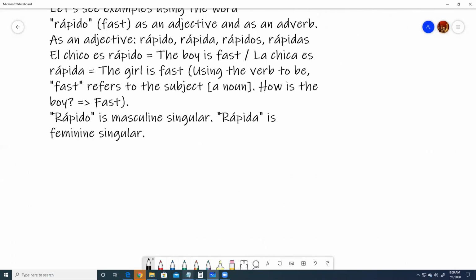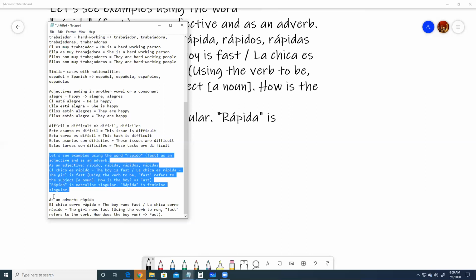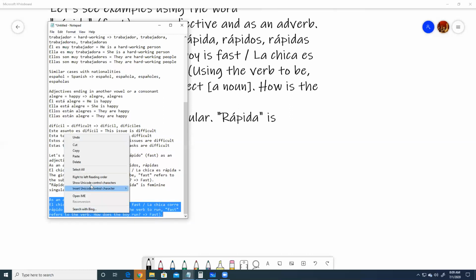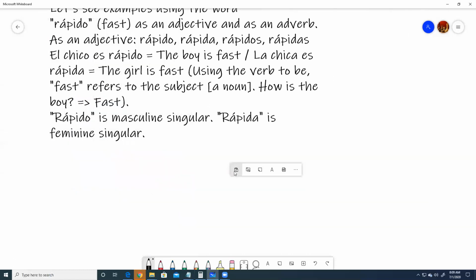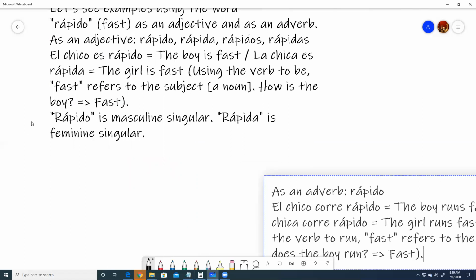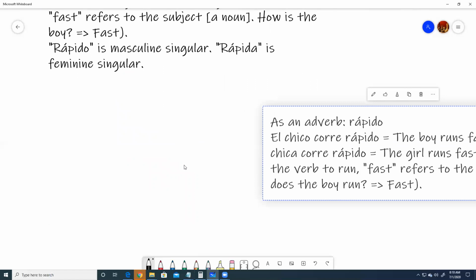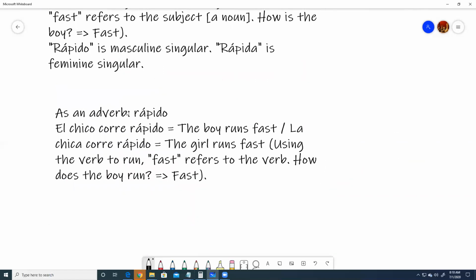Now let's see the case of an adverb. The same word rápido. Okay, rápido as an adverb.